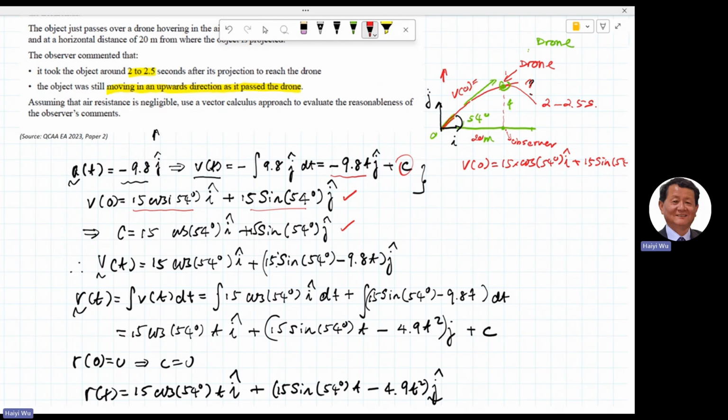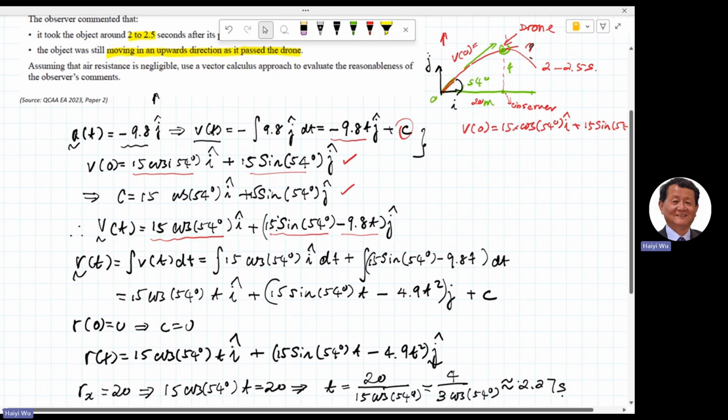Therefore we substitute into the velocity vector: the horizontal component is 15 times cosine 54 degrees, and the vertical component has this, minus 9.8 t.